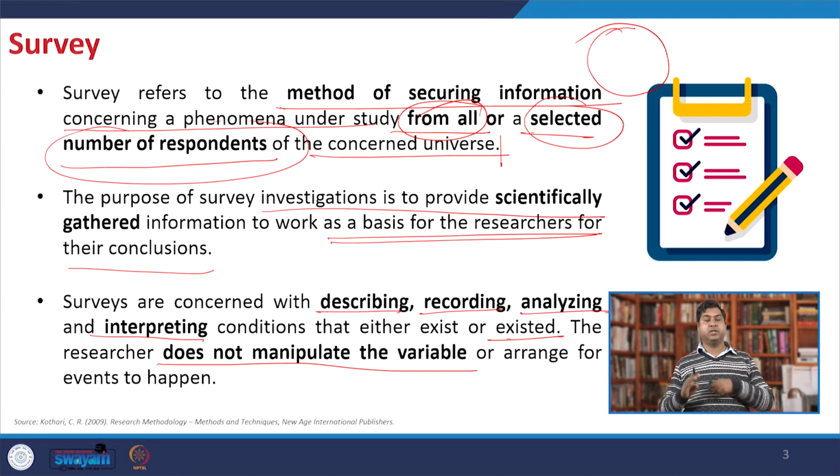You should not create the data, or manipulate the data to represent something that you want. That is probably not ethical. So whatever information you require, you collect it, maybe from secondary sources or through primary, but you should not alter or arrange it for the event that you want to happen.